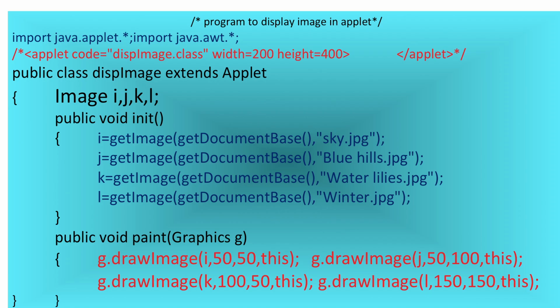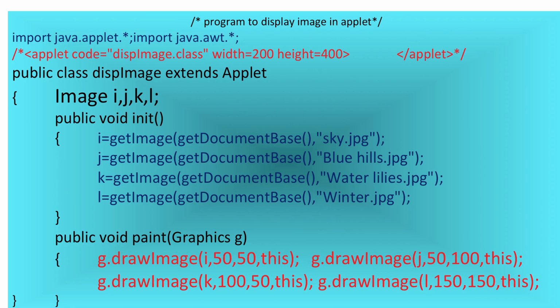By using g.drawImage, we will display the image I at the 50, 50 coordinate. This represents the same applet, the applet where we have made this paint method.